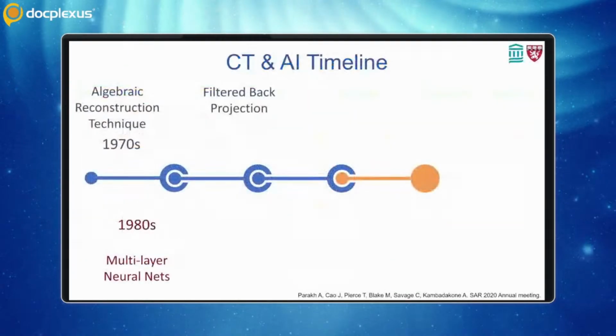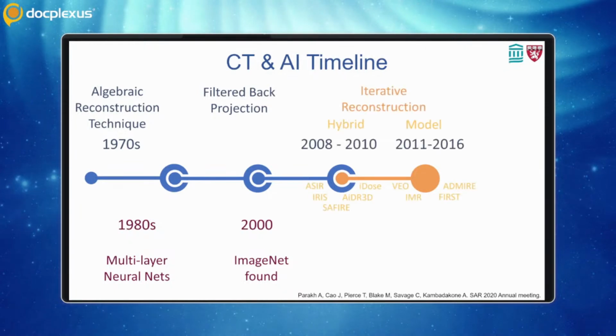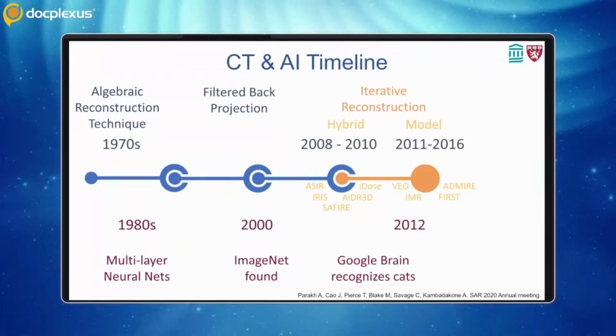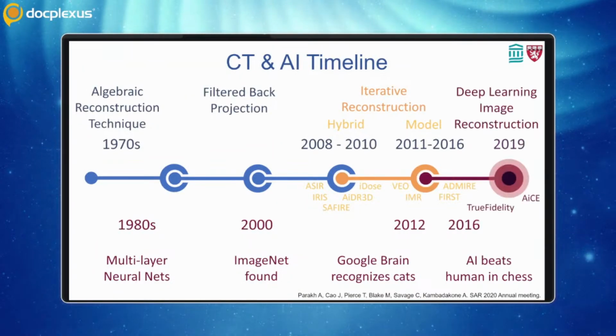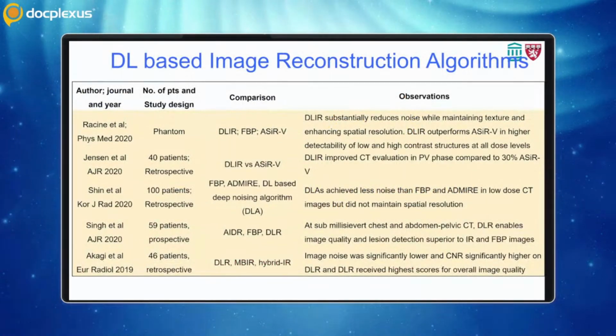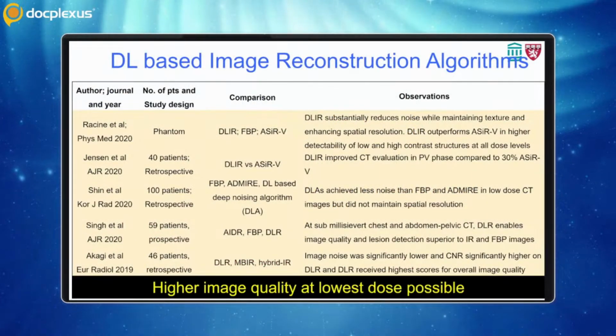These innovations in image reconstruction have kept up over the years with the development of artificial intelligence based technologies, which have been supplemented by improved computational power, training techniques, and modern algorithms. The most recent entrant into image reconstruction is deep learning based image reconstruction algorithms, which allow higher image quality at the lowest possible dose.